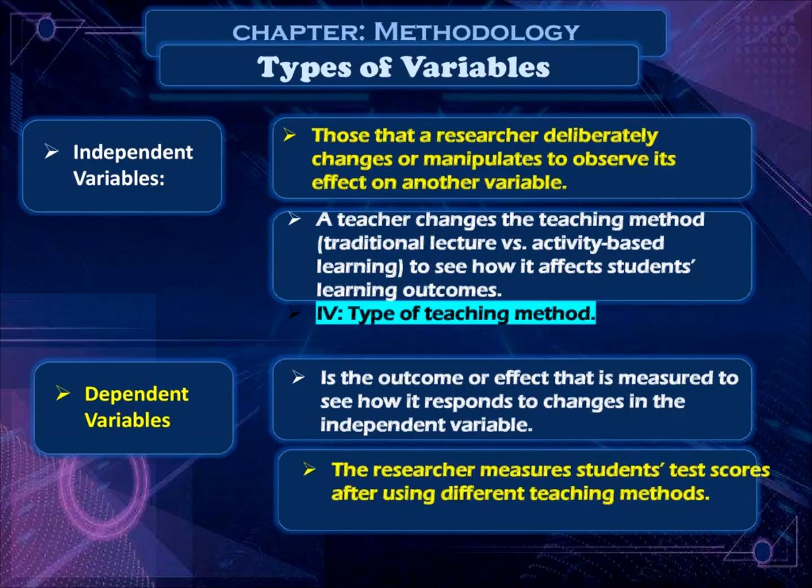So how does it impact the scores of the students when the teaching style goes from A to B? So the scores of the students are the dependent variable. The researcher measures the students' test scores after using different teaching methods. So test scores become the dependent variable. So DV, dependent variable, is students' test score.